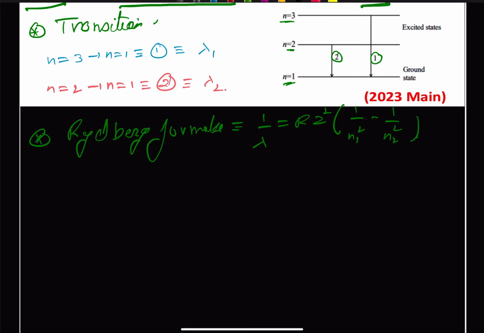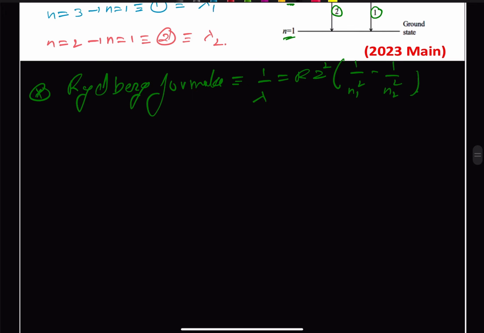So we have two wavelengths, therefore we can divide this formula into two parts. 1 upon lambda 1 is equal to R Z square (1 square minus 1 upon 3 square). This gives us R Z square multiplied by 8 by 9.